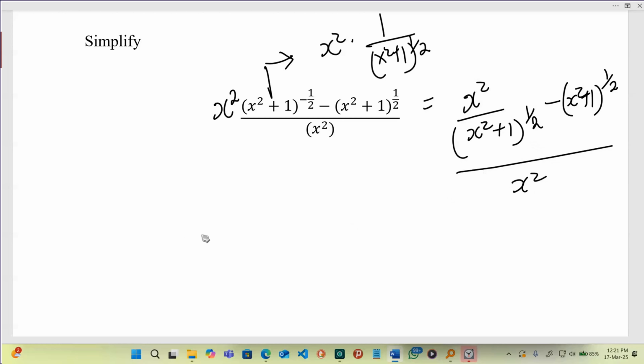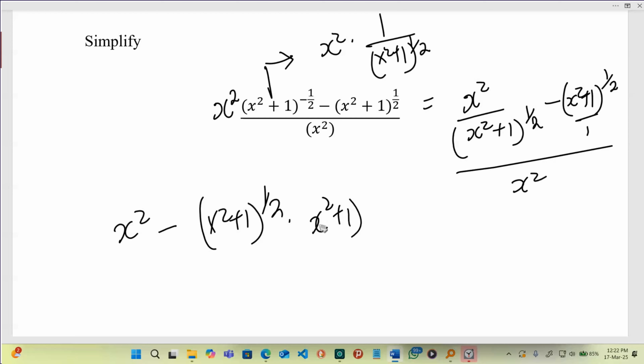So this becomes, I'll have x squared. Now let me take this to the other side. Minus, so I divide here by 1, because this becomes like LCM, divide by 1. I multiply by this. So I'll have (x squared plus 1) power a half, then times (x squared plus 1) power, what? Power a half.